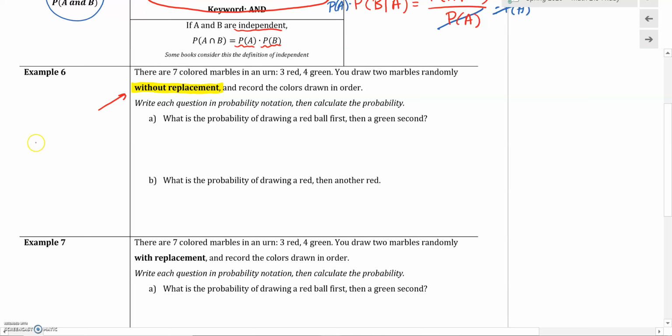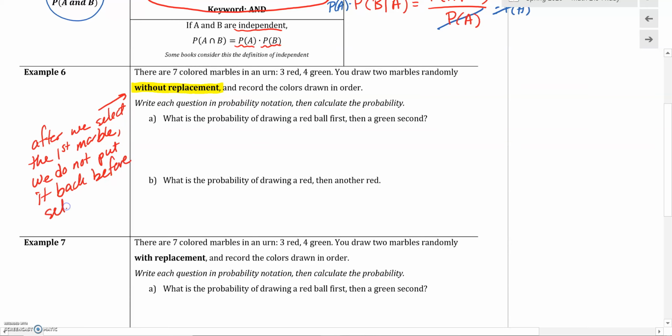So after we select the first marble, we do not put it back before selecting the second.